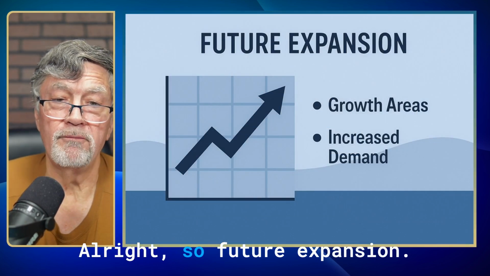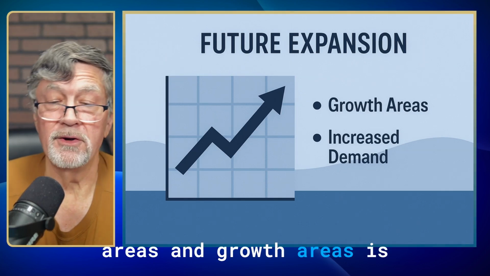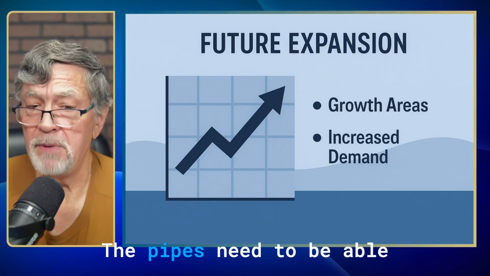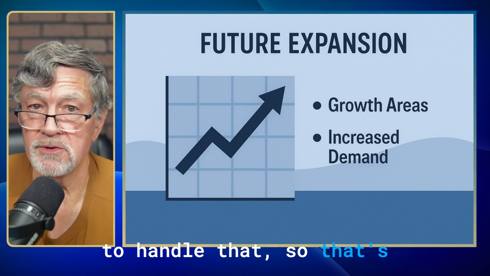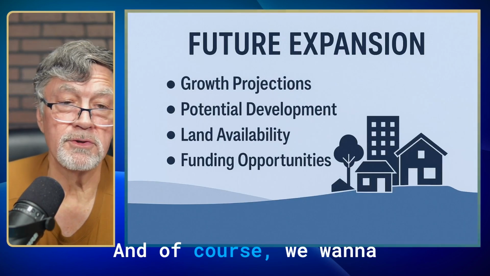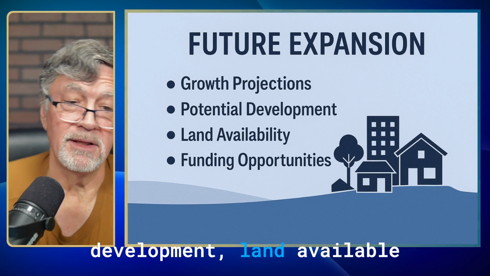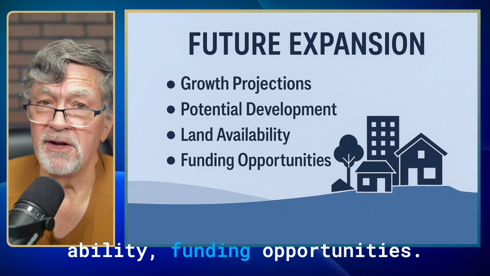All right, so future expansion, we want to look at the growth areas, and growth areas mean increased demand. The pipes need to be able to handle that. So that's why we're looking at the sizing and the pipe diameters. And of course, we want to look at things like growth projections, potential development, land availability, funding opportunities.